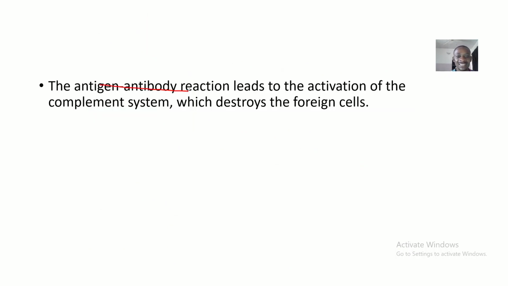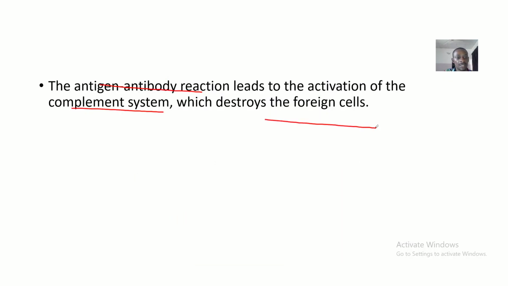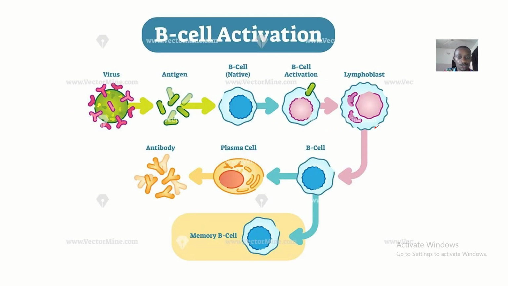The antigen-antibody reaction leads to the activation of the complement system, which destroys the foreign cells. So this antibody will react to this antigen, and this will lead to destruction. The antigens that the antibody reacts to are found on the bodies of the foreign cells.